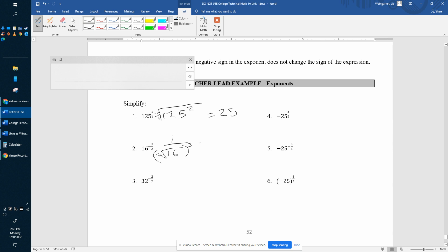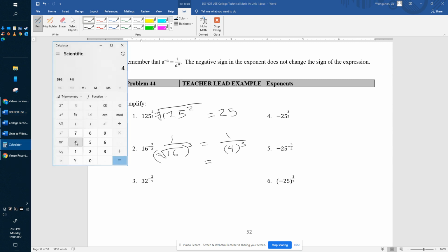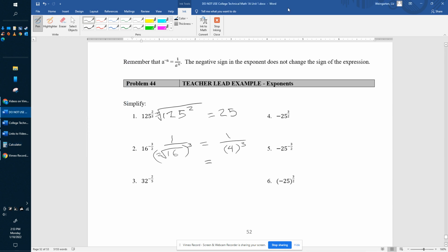It is still going to end up being the same number. Square root of 16 is 4. 4 cubed. Let's see what 4 cubed is. 64. So this one is going to be 1 over 64.